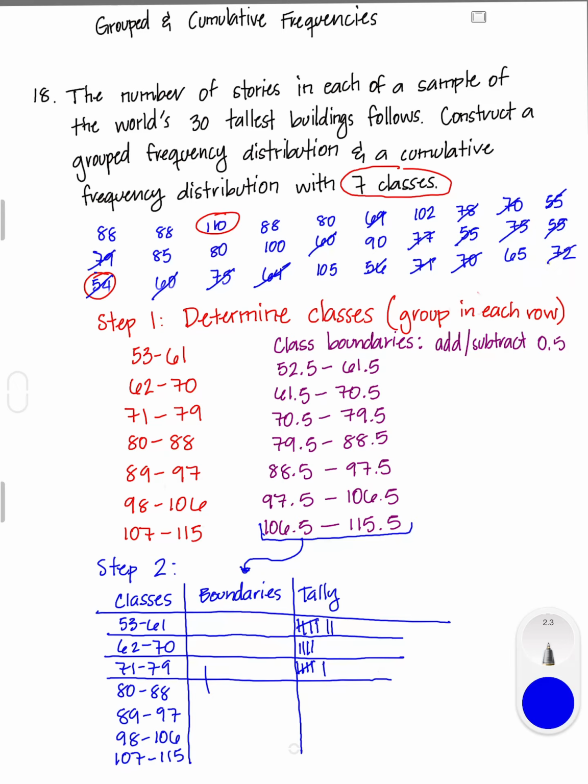And 72, that's 7. You know what? I just noticed that for 62 to 70, we also have 65. So that is 5 values for the second class.